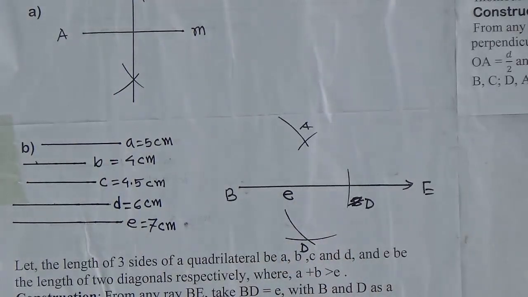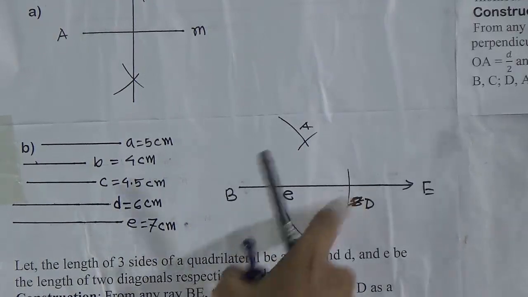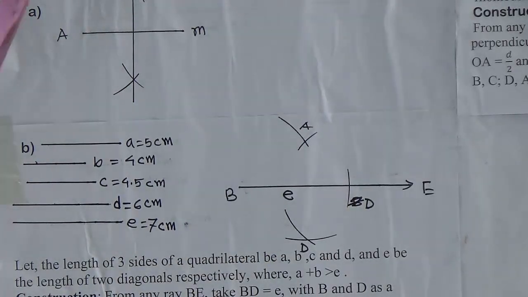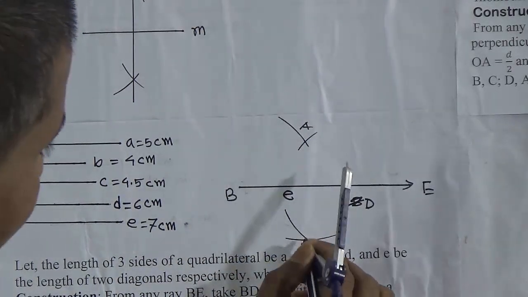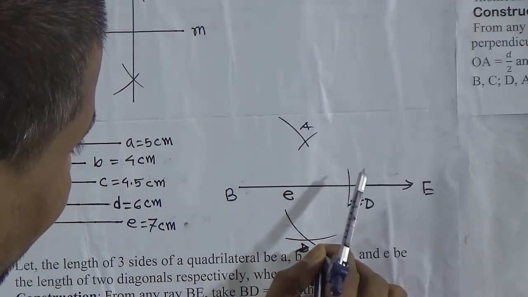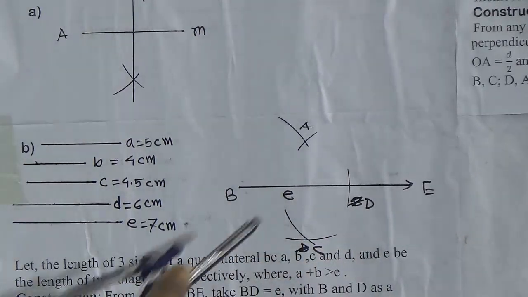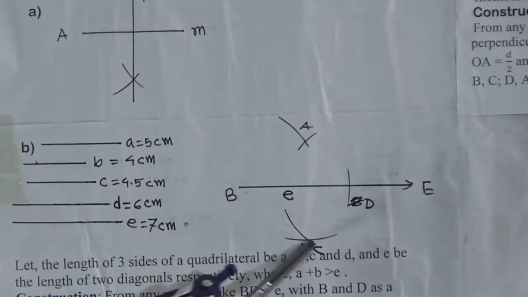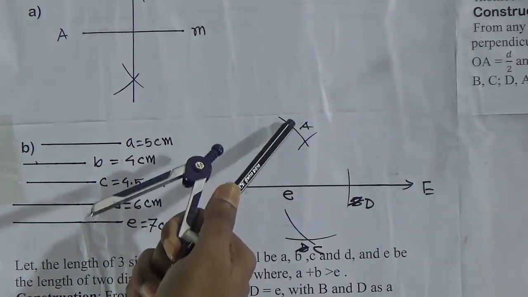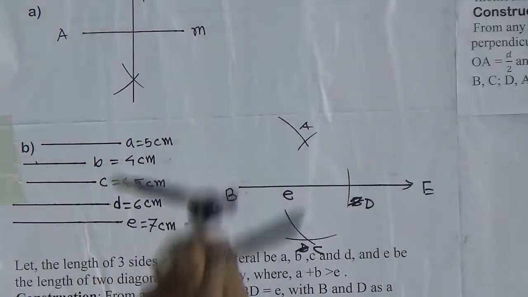Now join AB, AD, BD and look, they will intersect at the point C. Now join AB, BC and CD and the last of all AD.